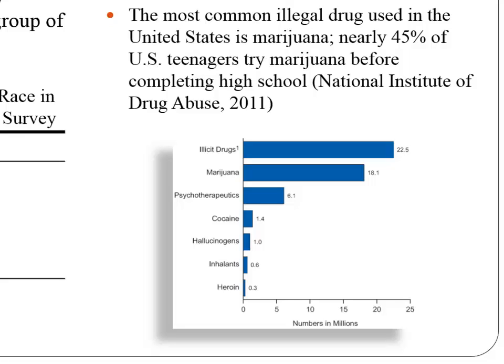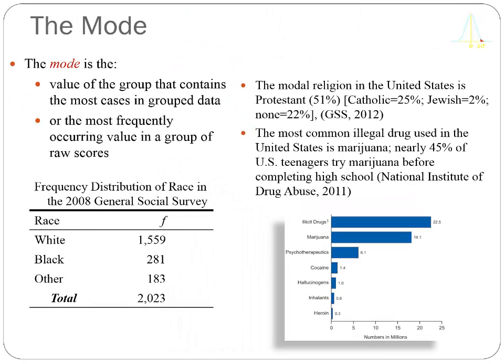Now, this is a different kind of average than you may have seen, and the reason we like the mode is that we can't calculate an arithmetic average here because marijuana, psychotherapeutics, cocaine, hallucinogens, and so forth don't have numerical quantities attached to them. They're simply non-orderable discrete categories, and therefore we have to use a measure of central tendency that's appropriate for that kind of measurement, and in this case the mode is it.